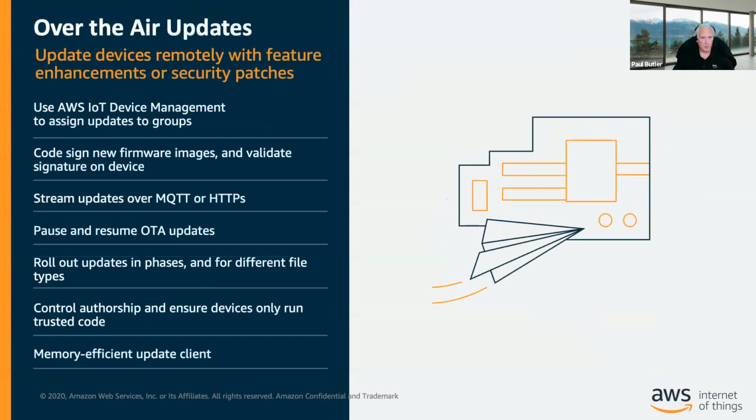And then, as I mentioned previously, a little bit about over-the-air updates: being able to make a change to your firmware image, push that out to your device, and make sure that it gets installed correctly without corruption, and then the device can restart and be in a safe state. You don't have to worry that the device is going to be permanently offline because the update didn't go correctly.